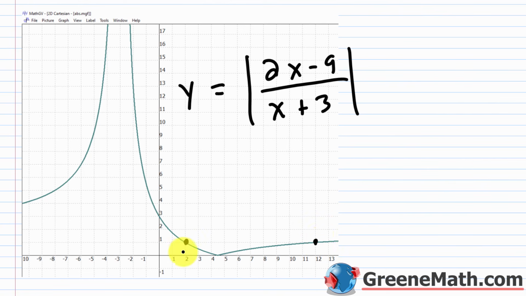So anywhere between an x value of 2 and an x value of 12, you're going to have a y value that is less than this 1. If you wanted less than or equal to 1, then you would include 2 and 12. So we say x is greater than or equal to 2 and less than or equal to 12. Again, if you're lost on these problems, just go to Desmos or any online graphing calculator, key this in, and look for where it's less than or equal to 1 in terms of the y value.